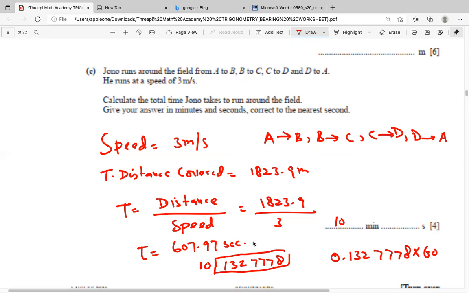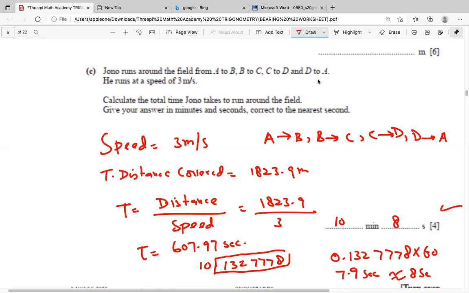So 0.13277778 into 60. So the result is 7.9 seconds. But they say to the nearest second, it is 8 seconds. So here is 8, that's the result.